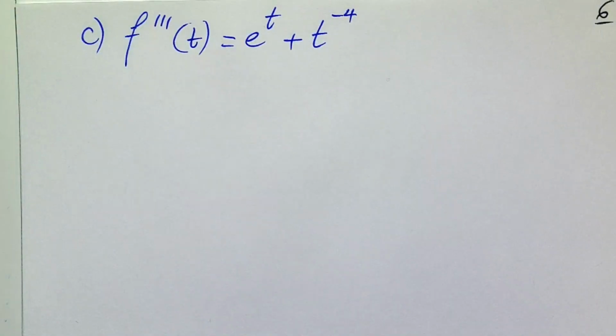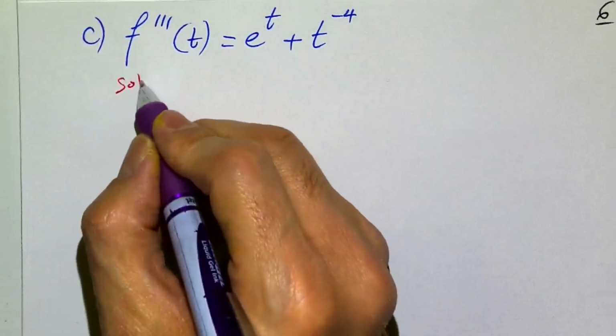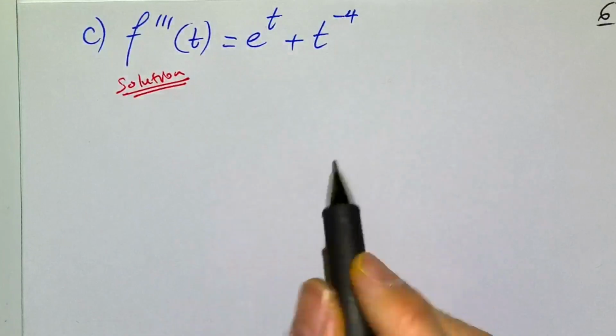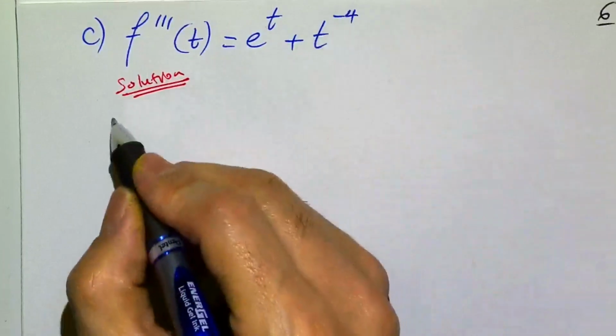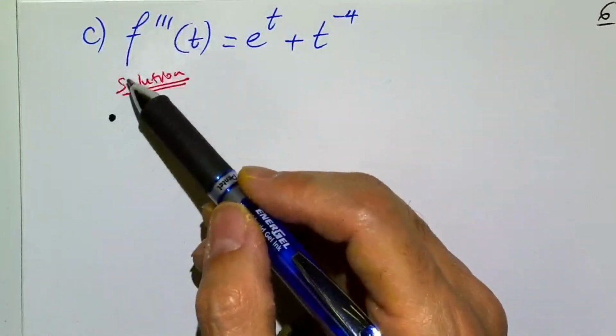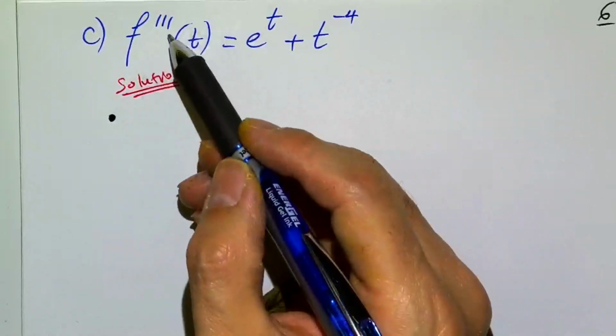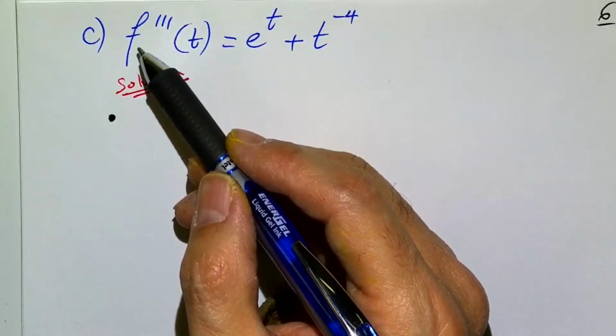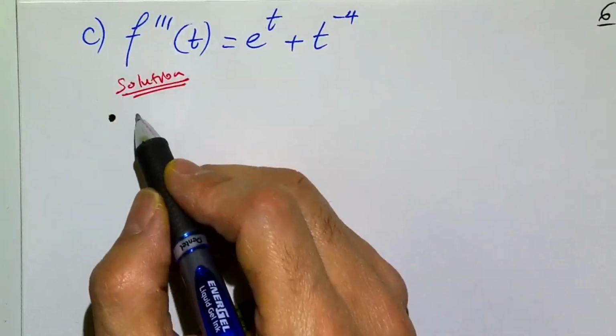So here's a solution. One thing before we start finding the antiderivatives, and we have to do this 3 times to get the original function. Once for getting to the f double prime, once to get to f prime, and then once to get the original function.